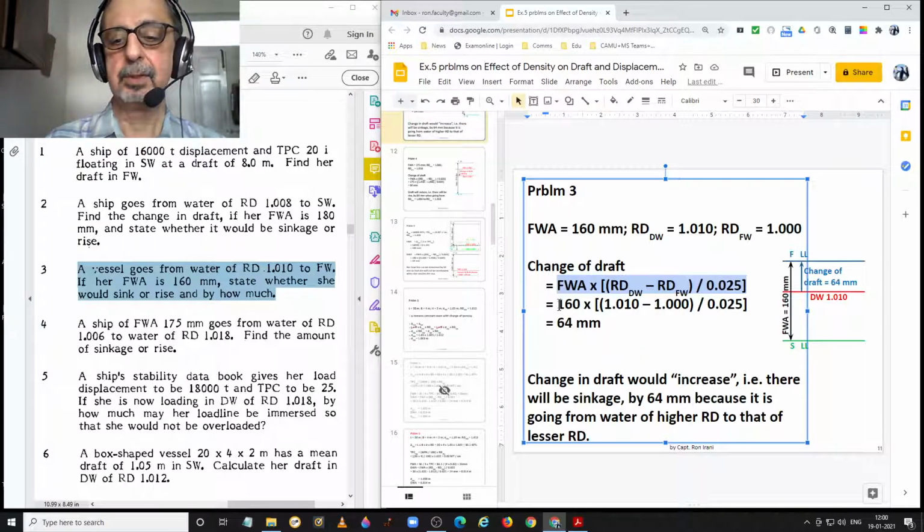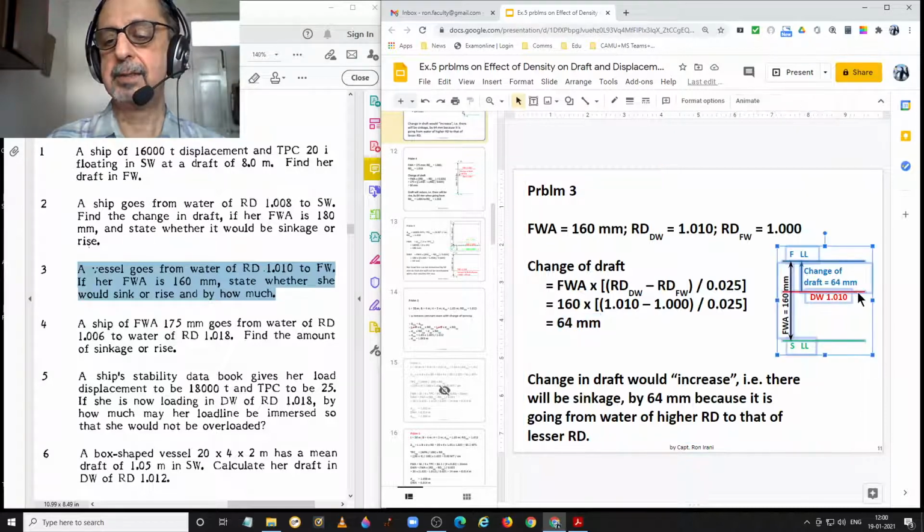When you substitute all the values, you get the change of draft equal to 64 millimeters. She is going from water of greater relative density to water of lesser relative density, and hence the draft will increase.